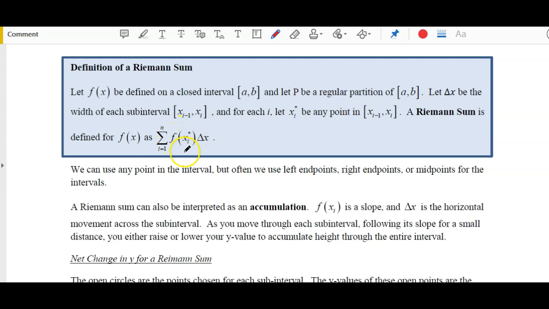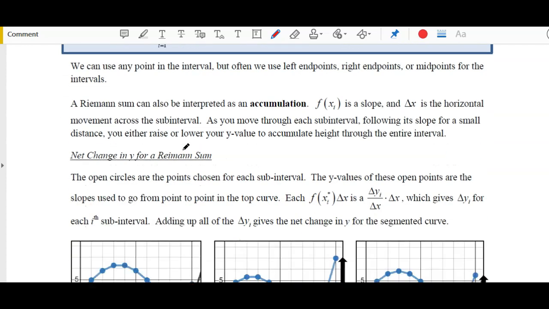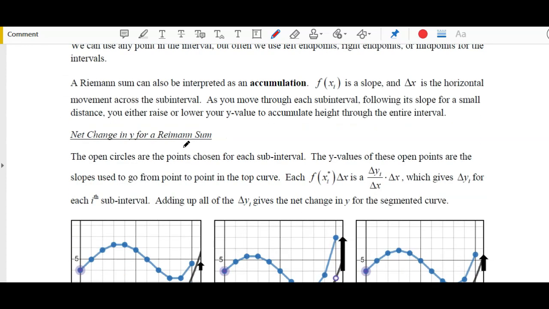x. So that f of x we want to think about as a slope rather than the height of a rectangle. There's a paragraph here describing that, but the idea is we're going to take this f of x as a slope. So I look at a slope right there, and we're going to have that f of x times delta x.